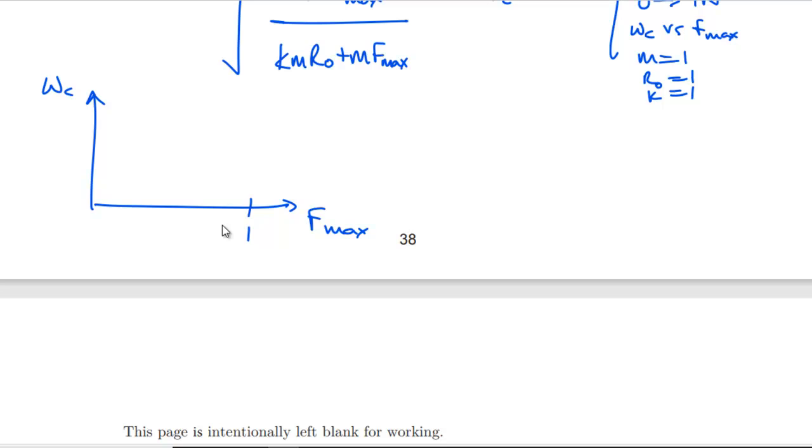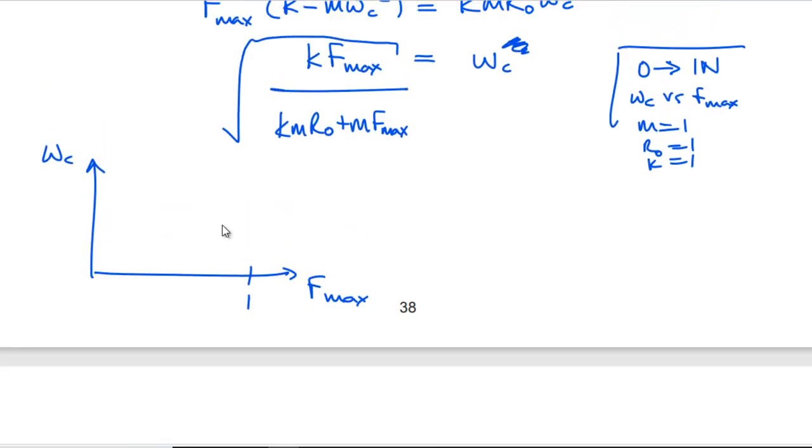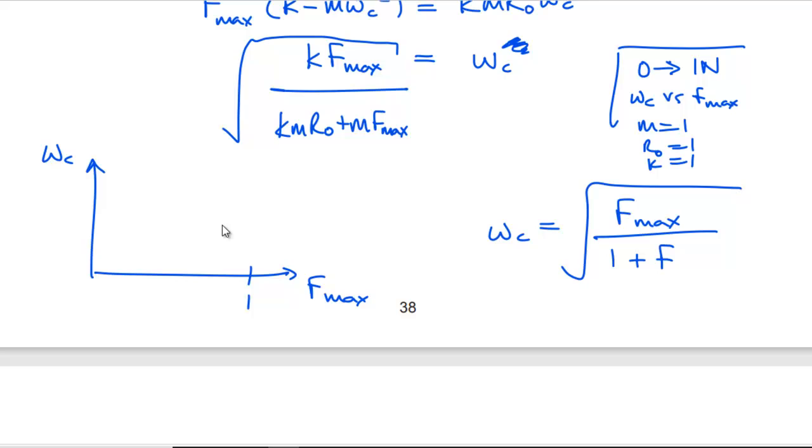So what is our formula with all of these things in then? Omega c will be equal to, so K is 1, so we've got F max on the top. This is all under the square root. Over 1 times 1 times 1 is 1, plus 1 times F max. Okay, so we've got to do a square root graph. Going from 0, which would be 0, up to 1, so 1 over root 2 here.